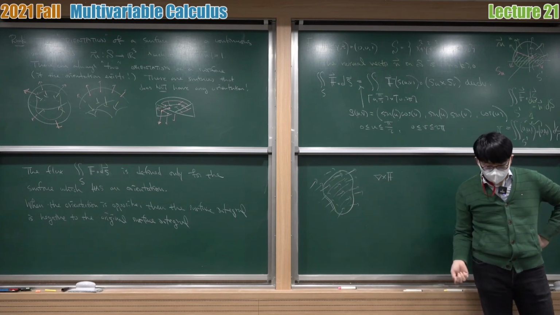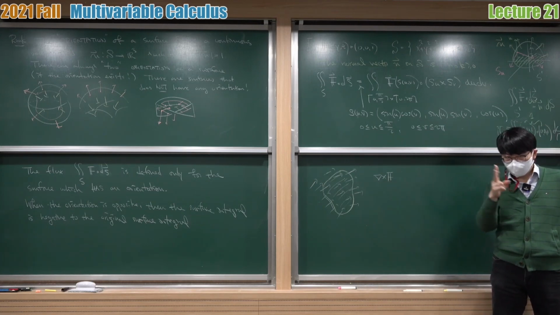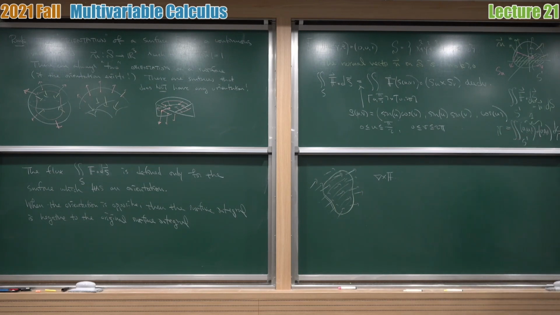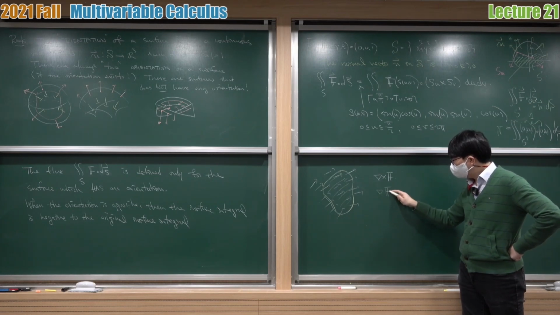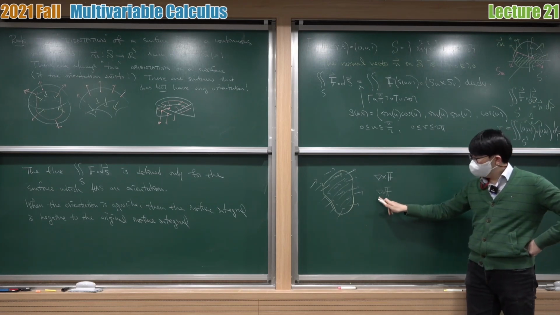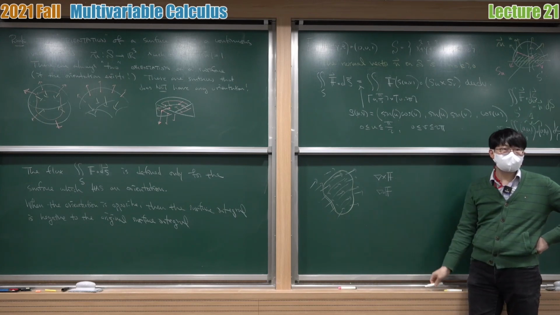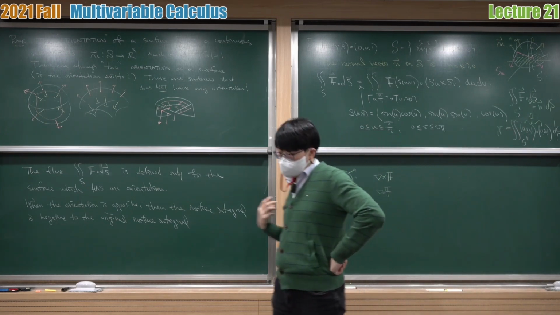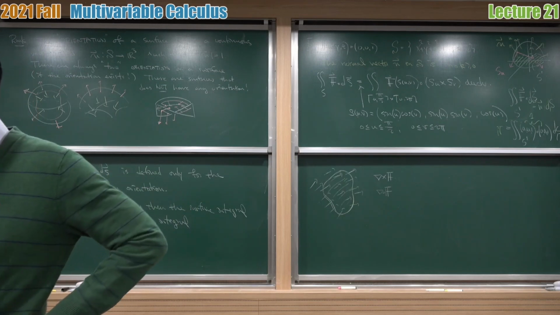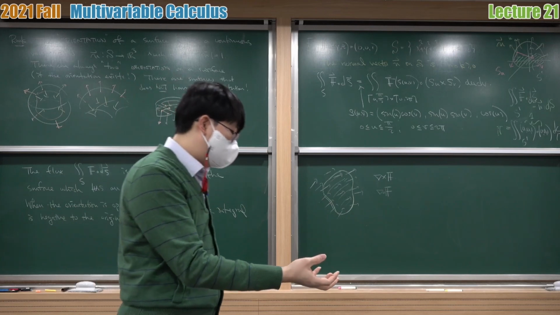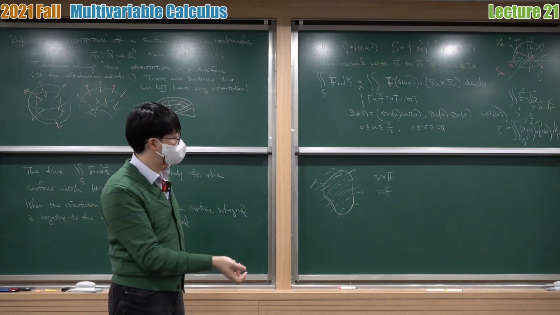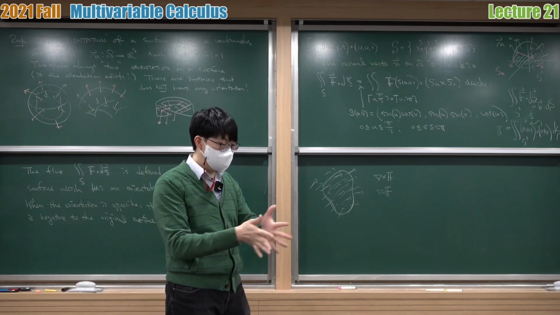So we're going to discuss two things. One is the Stokes theorem, and the second is the two-dimensional version of the divergence theorem. And with that, we're going to discuss the meaning of the curl of a vector field and the divergence of the vector field. And once we've done that, we're going to generalize our Stokes theorem and the divergence theorem to higher dimensions.